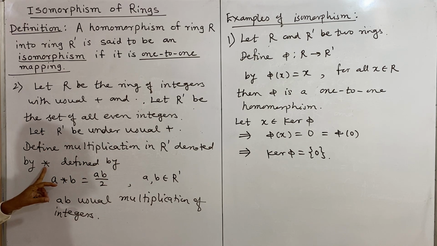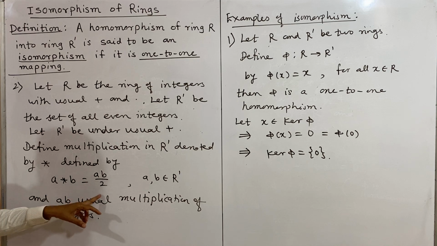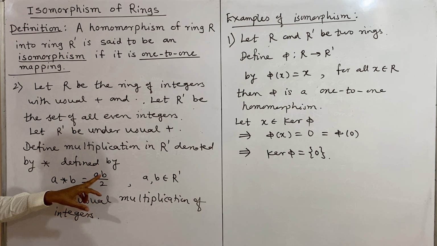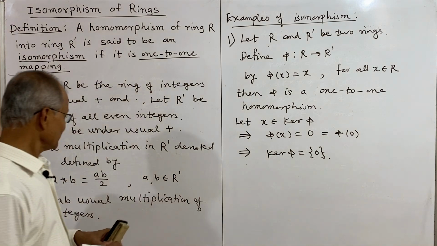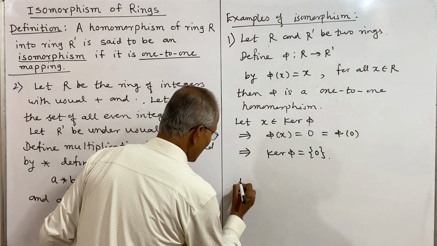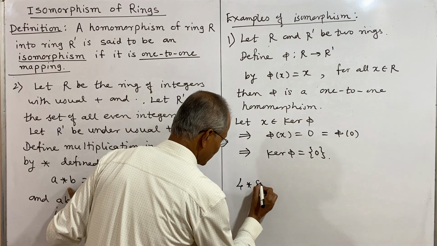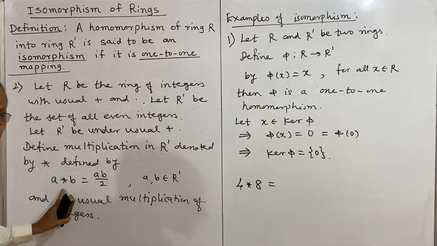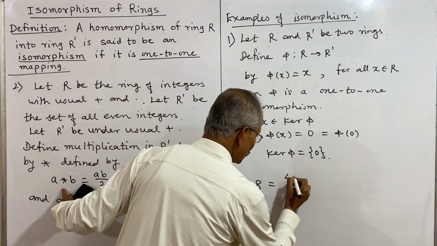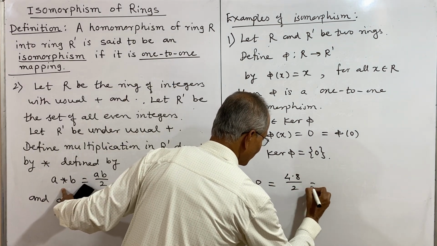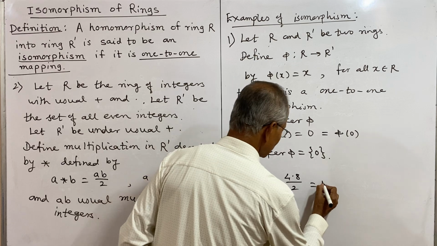That is denoted by A star B, or A asterisk B, is equal to A into B divided by 2. This multiplication is usual multiplication of integers, and that means if you consider two even integers, say 4 and 8, then what will be this product? Multiplication in R dash, that is 4 into 8 divided by 2, and that will be 16.